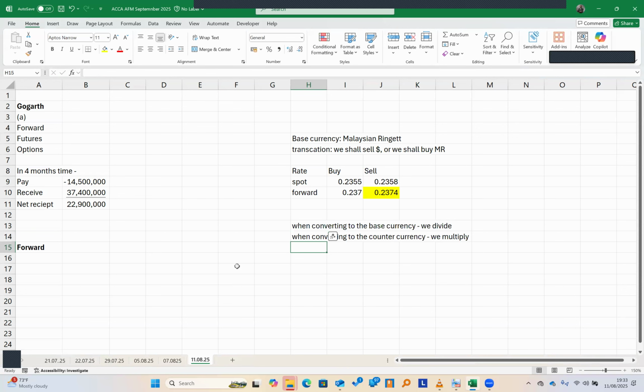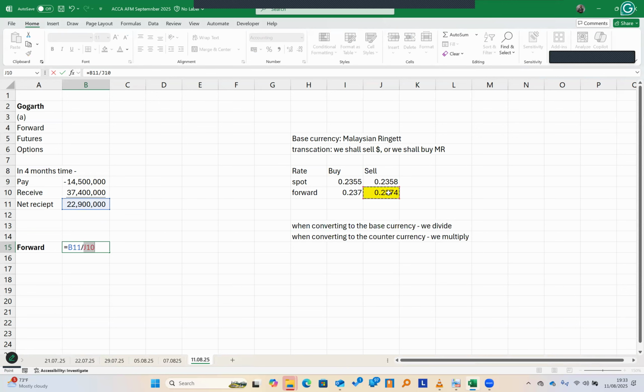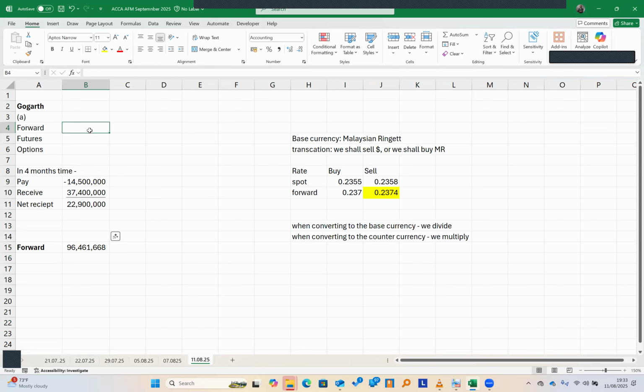So these are some of the things that you need to know. So therefore, for the forward rate, all I need to do is to get the 22.9 and divide it by 0.2374. That is the expected money in Malaysian ringgit. Okay? So that is the forward rate.